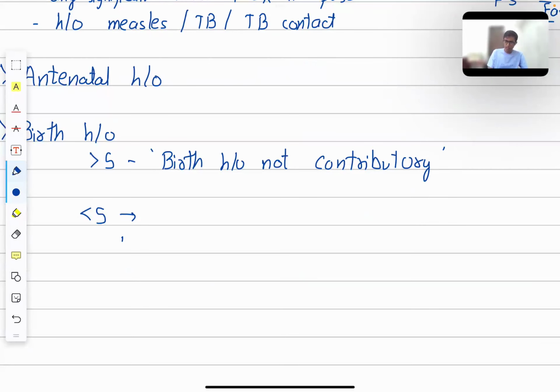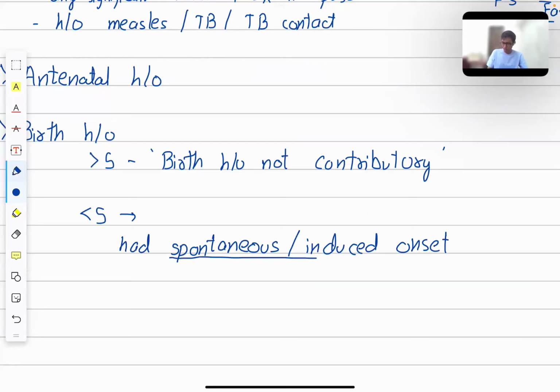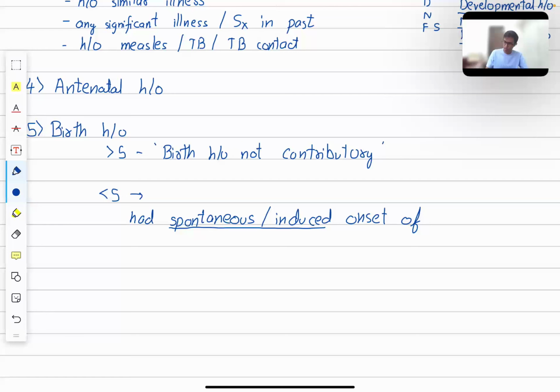So the mother had spontaneous or induced onset of labor, which was at term, preterm, or postterm.